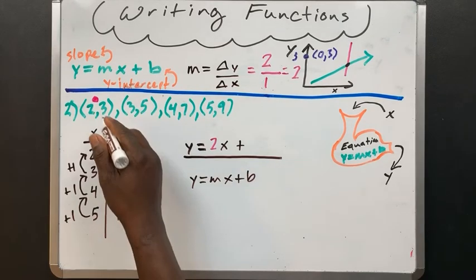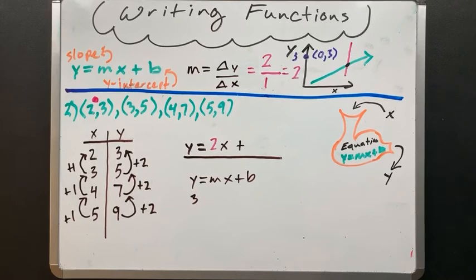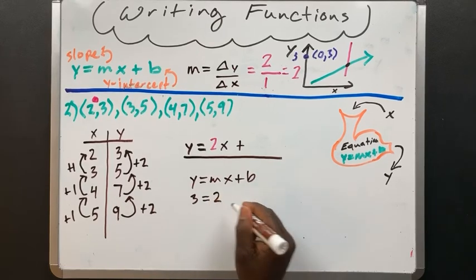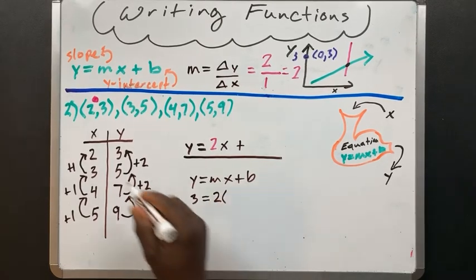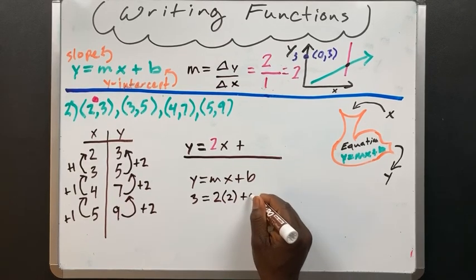So the y value is 3, so I substitute 3 for y. And the slope is 2 times the x value, which is 2, plus b.